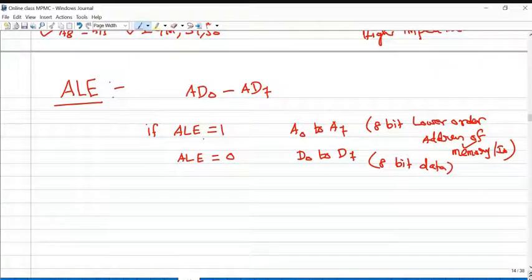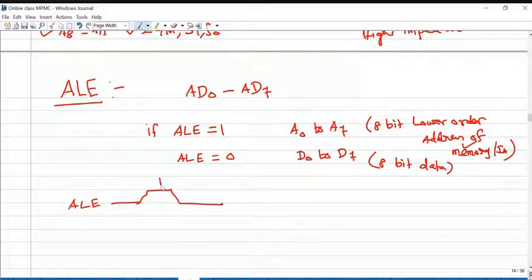So how do we represent this ALE logic high? If you draw the clock pulse, this is the ALE: this represents logic high, this represents logic 0.